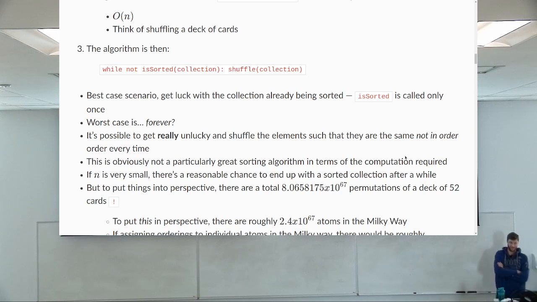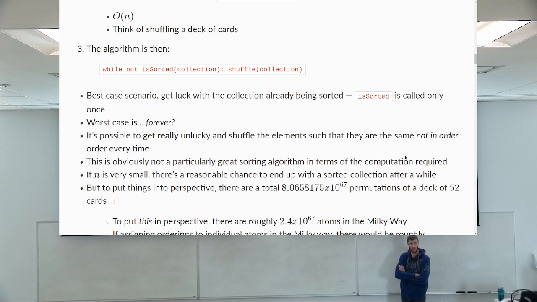That's 67 zeros. It's a lot of zeros. So you've got a 1 in 8 times 10 to the 67 shot of getting this right. So this probably isn't a very good sorting algorithm, is it?